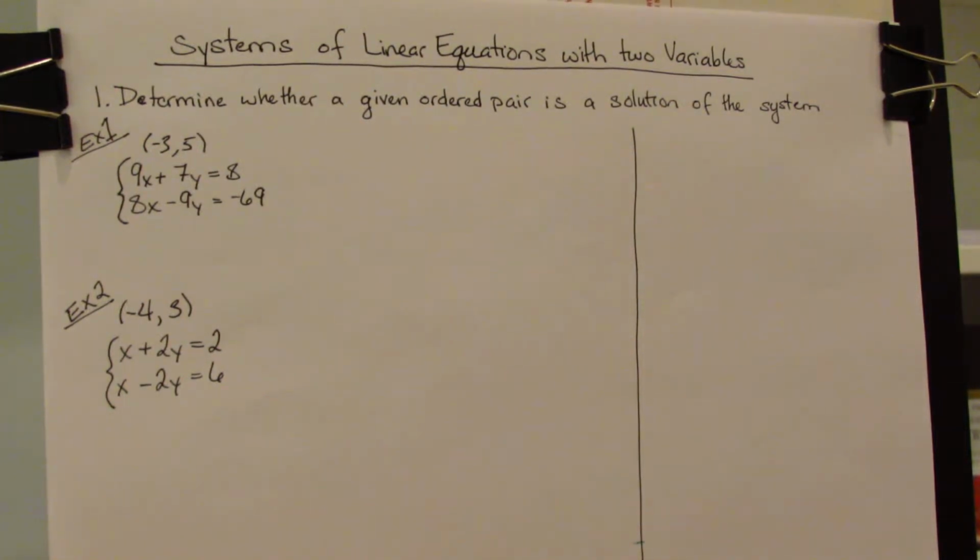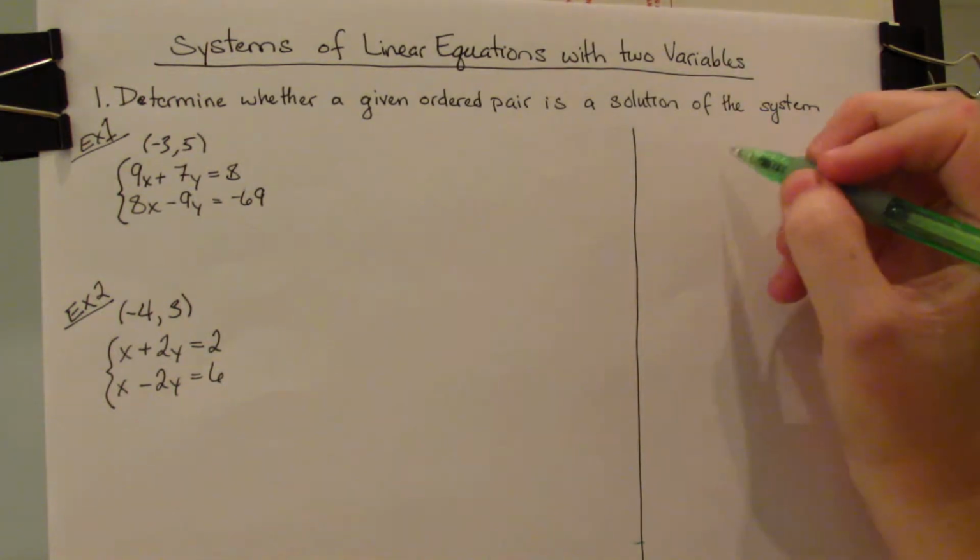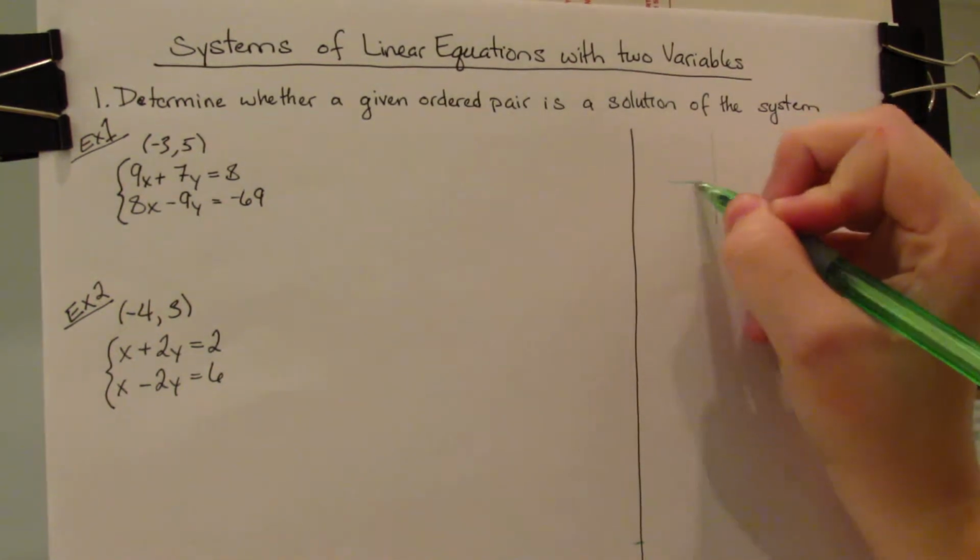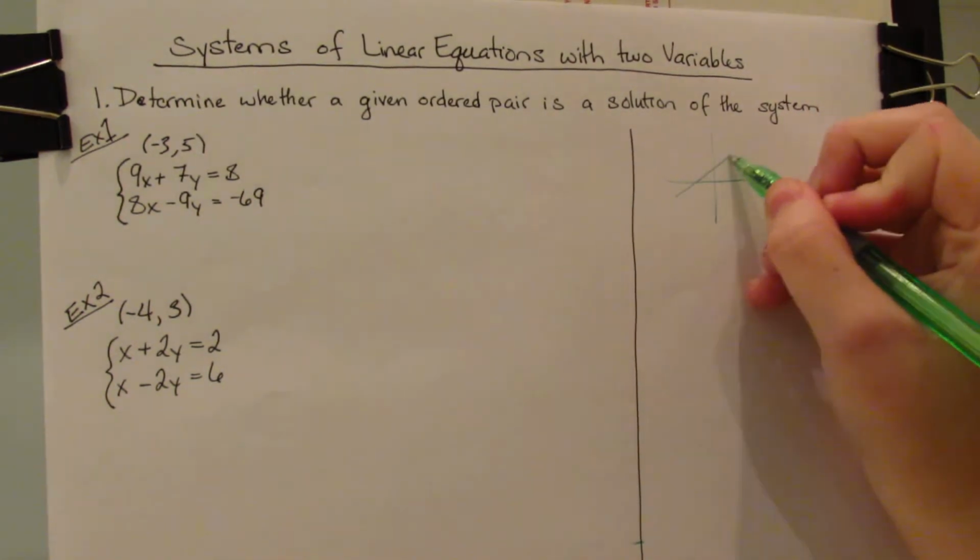These next couple problem types will relate to something called systems of linear equations with two variables. Before we talk about that, let's talk about what that whole big title means. To start with, linear equations. Obviously, these are equations that would give you a line. We've talked about a bunch of those.